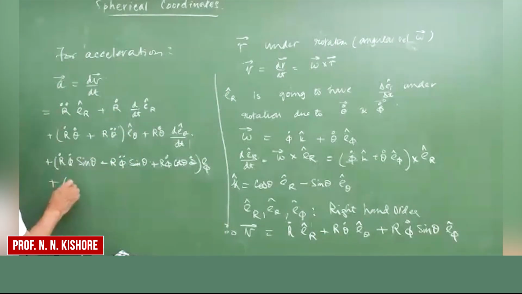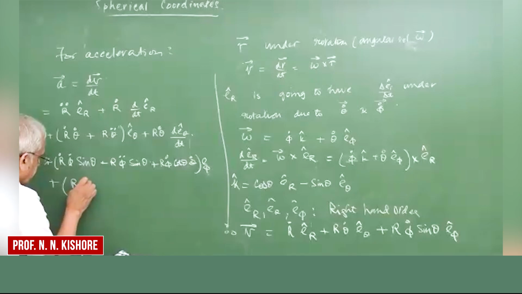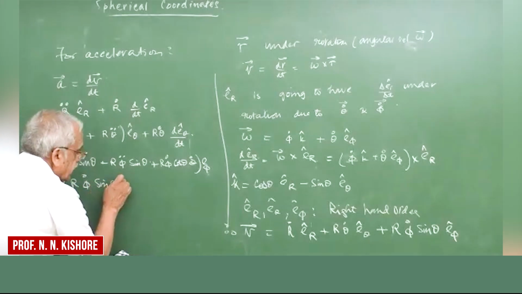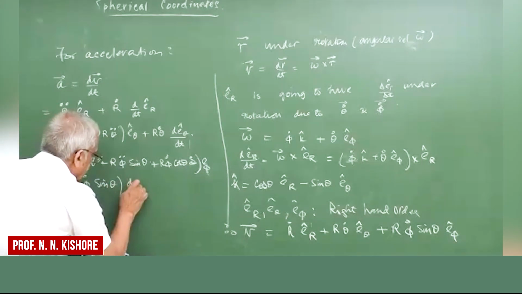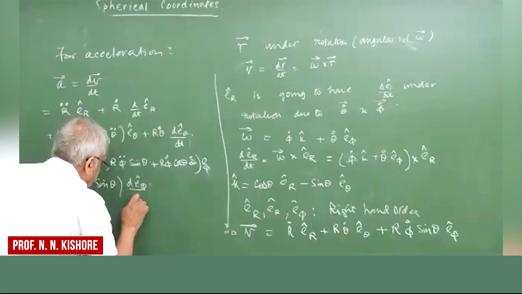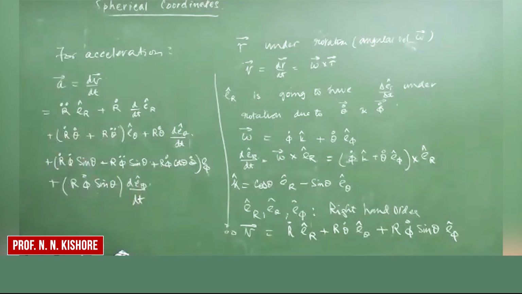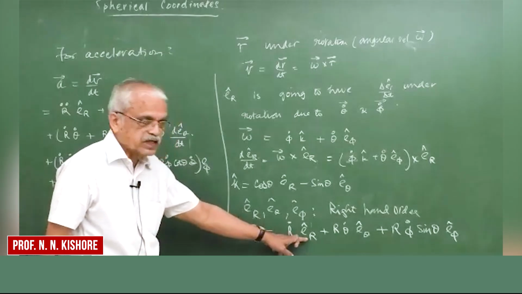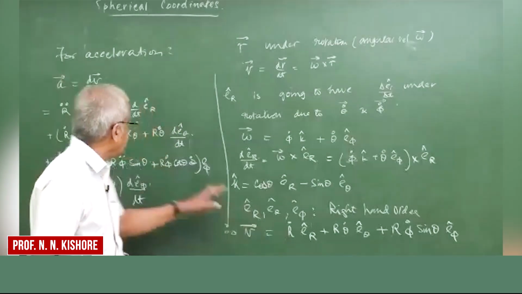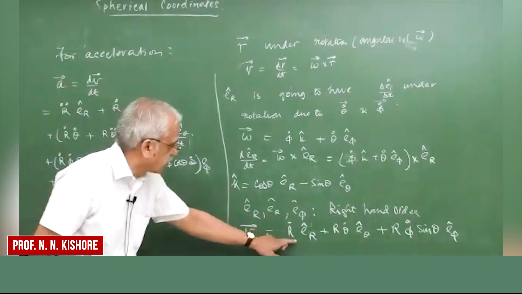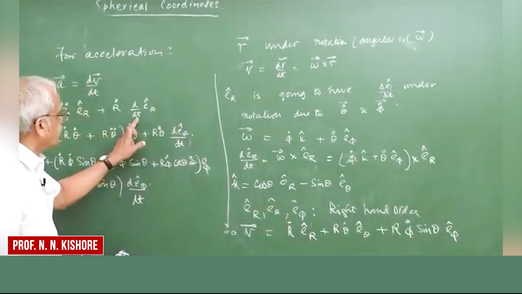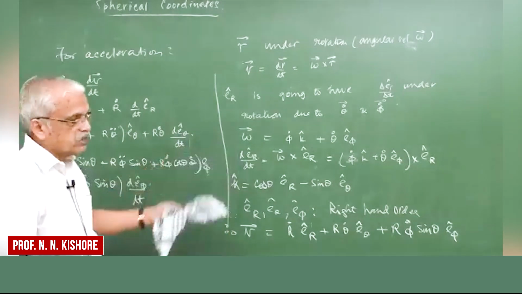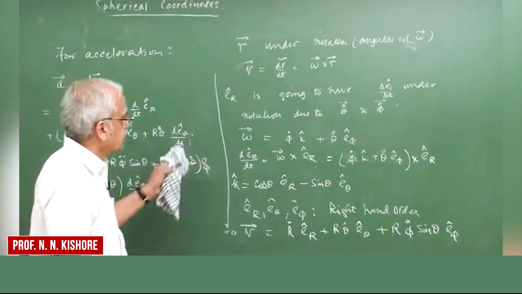And then we have to have, these are all very messy, but it can be done. Everywhere we have differentiated the first term and kept the rest as it is, and then we took the first term as it is and differentiated the other with time. This exactly follows whatever we have done for velocity.